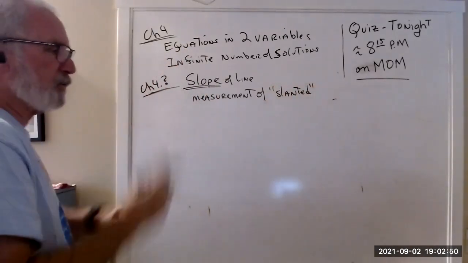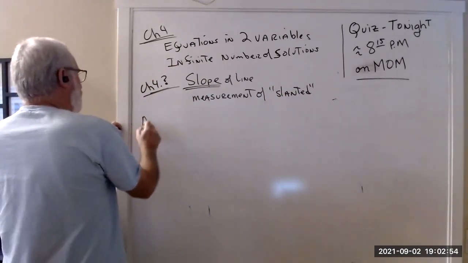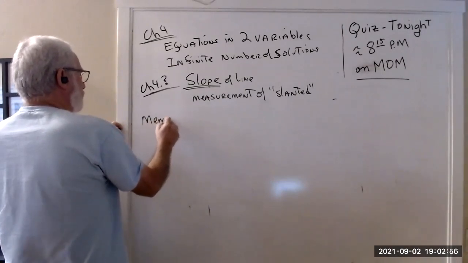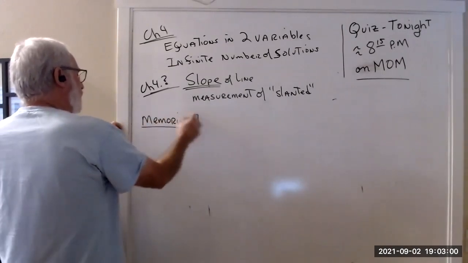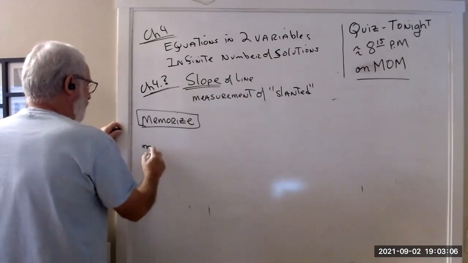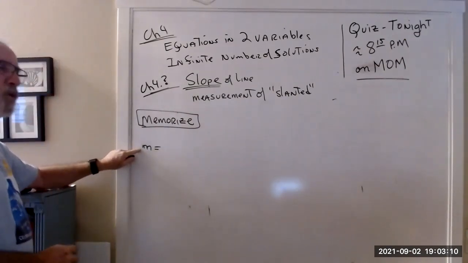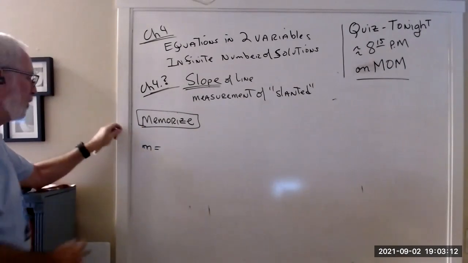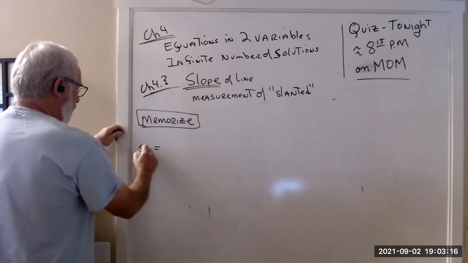Now we have this fancy formula that you do need to know. M equals, now m is the shorthand symbol for slope, a lowercase m, which I seem to be having problems with.